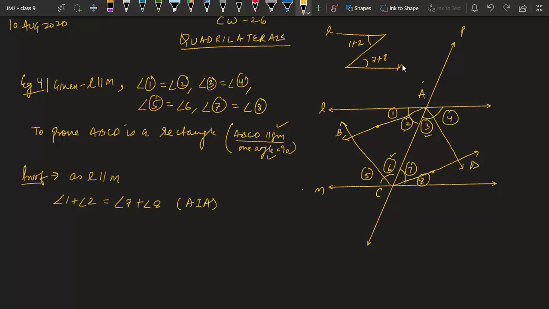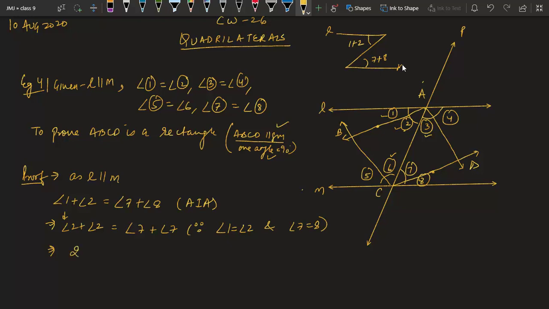Similarly, we can say the other part, but before that, as 1 and 2 are equal, we can write angle 2 plus angle 2 is equal to angle 7 plus angle 7, because 1 is equal to 2 and 7 equal to 8. Now this will help us with the first part.